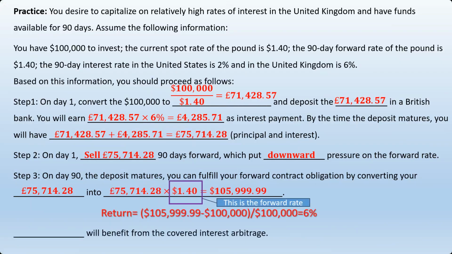Okay, so my question is, who benefited from the covered interest arbitrage in this situation? We have a US investor and a UK investor. Who benefited from the covered interest arbitrage?